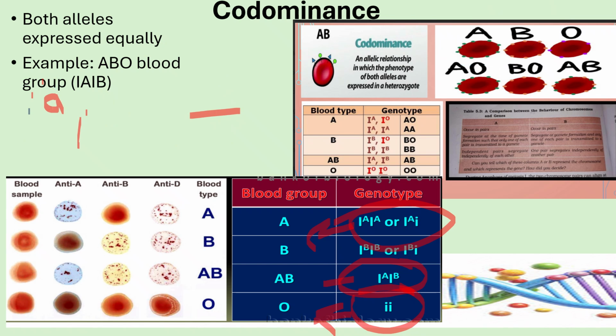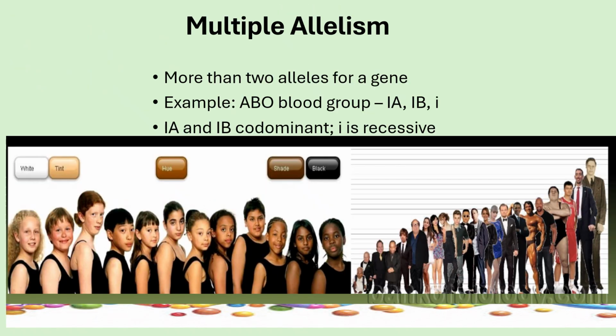Instead of being A or B, it is a new combination altogether. So this type of inheritance is called codominance.